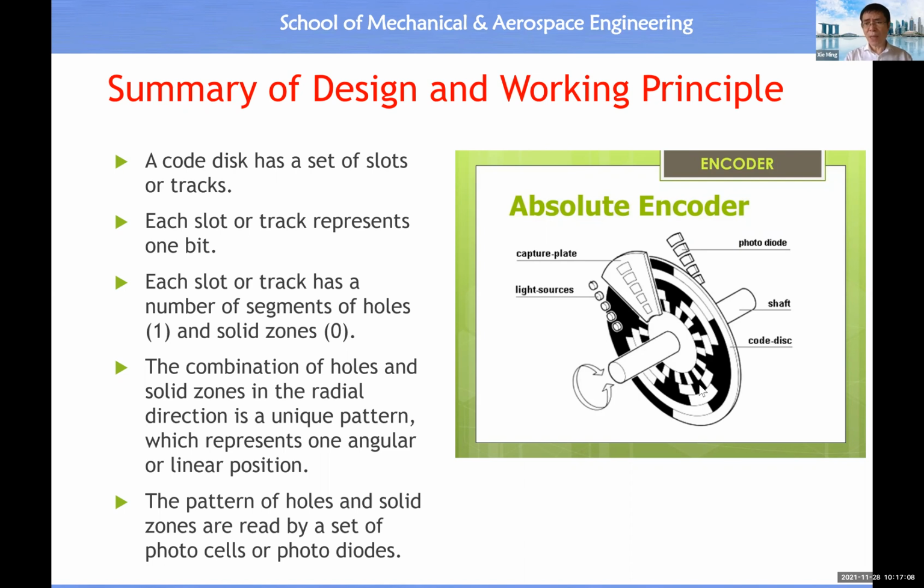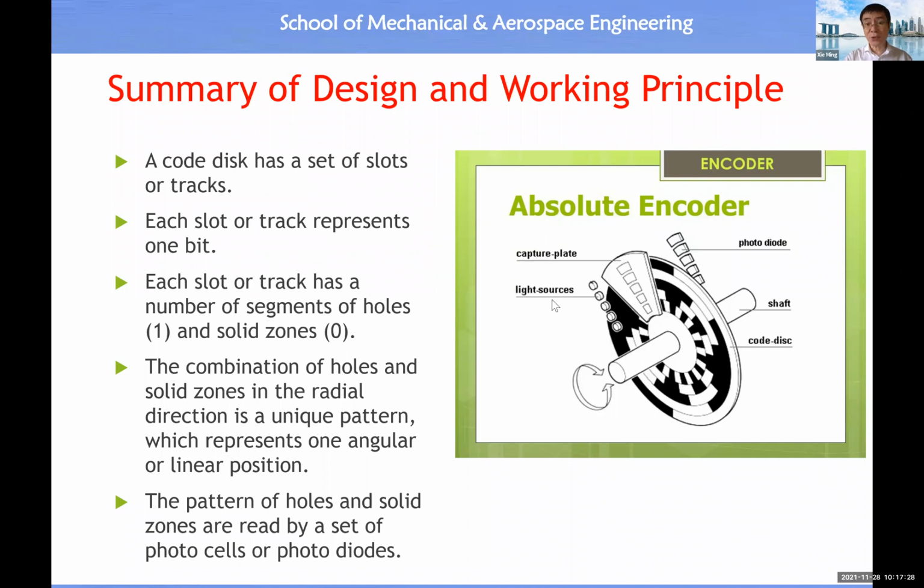So in short, we have a rotary disc. On the rotary disc, we have different circular parts like tracks. On the track we have a transparent area and an opaque area. So this is a kind of coding.